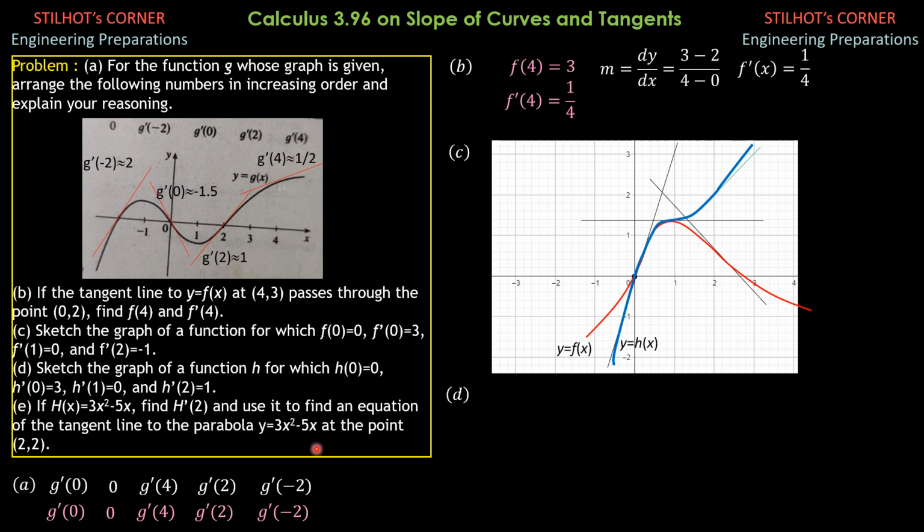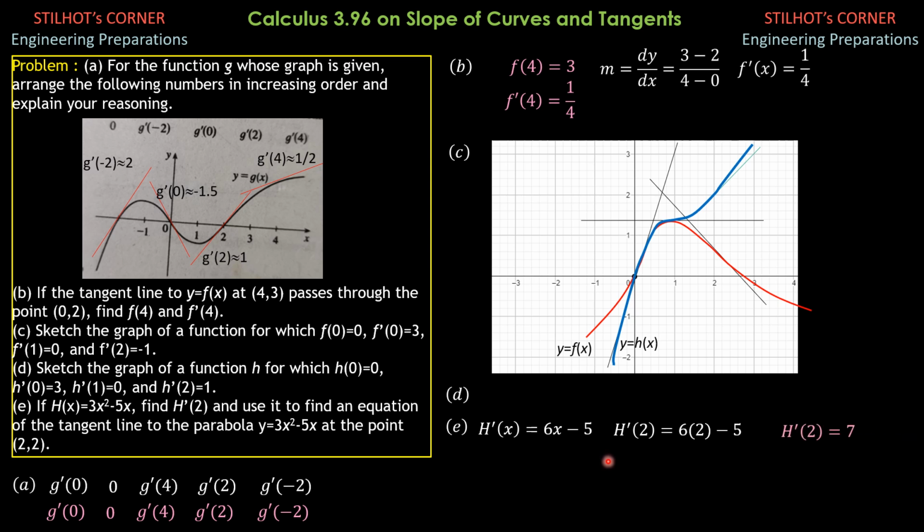So we derive h prime of x, which is simply the derivative of h of x, and that is 6x minus 5. Since the point of tangency is when x is 2, h prime of 2 is 6 times 2 minus 5, that is 7.